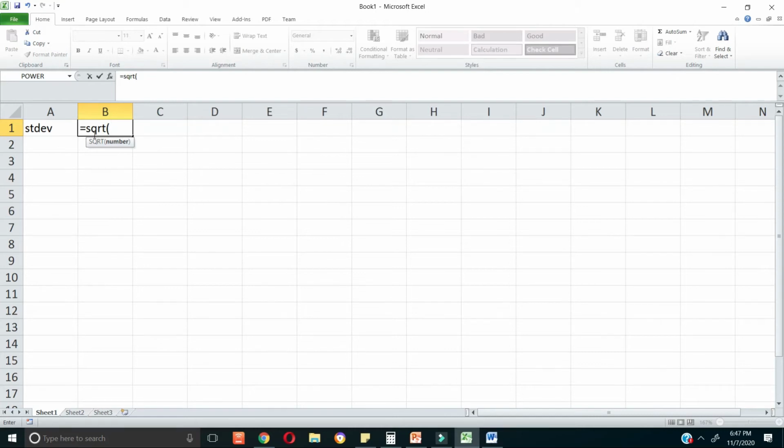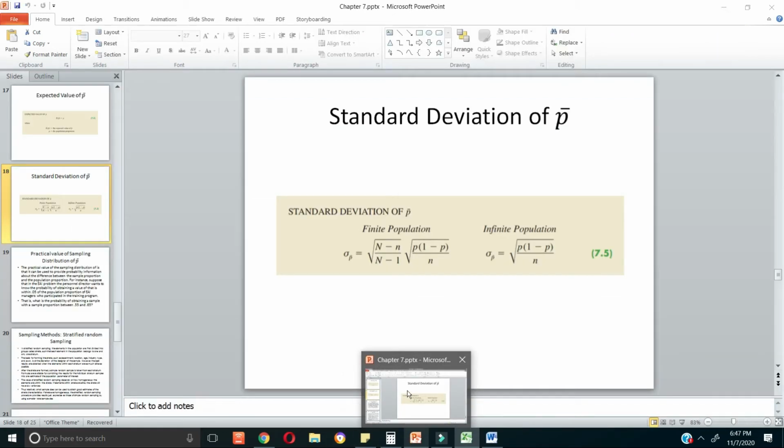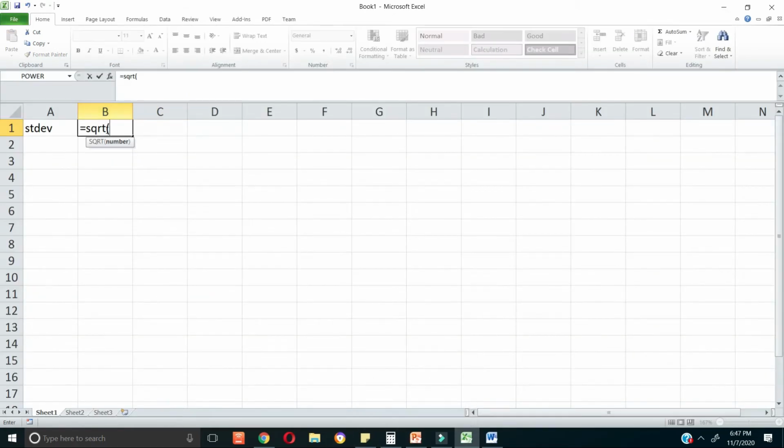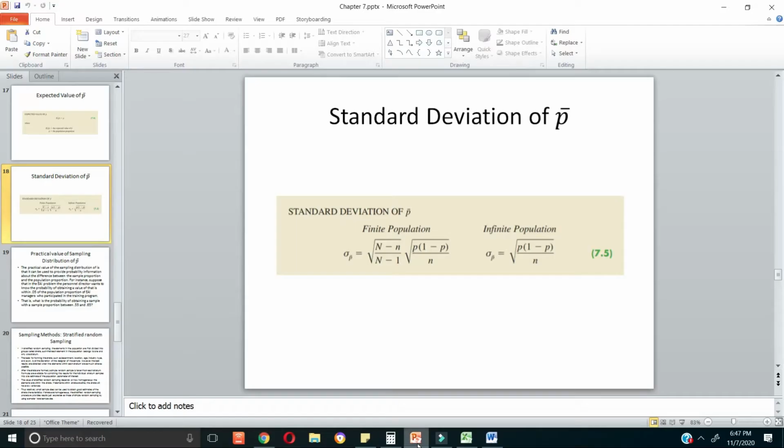The proportion p is 0.6, I believe, into 1 minus p, so that is 0.4. And all of this is over n. So n in our case is going to be 30. I believe n is still 30.